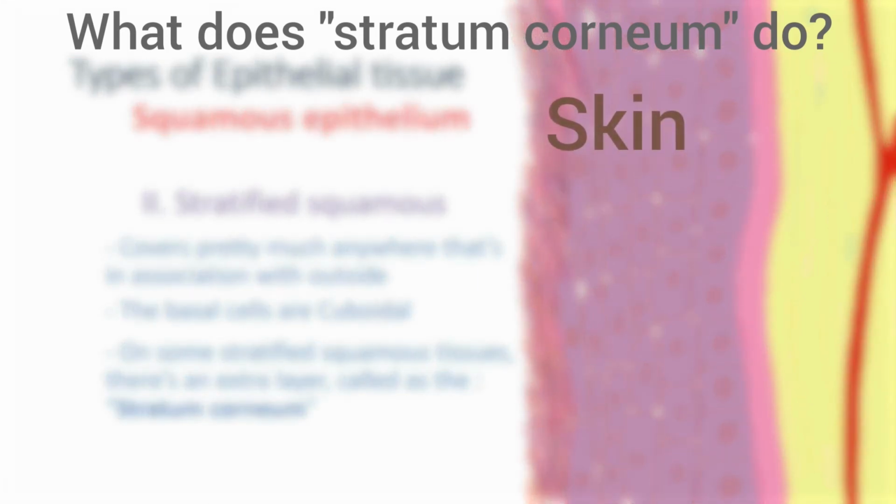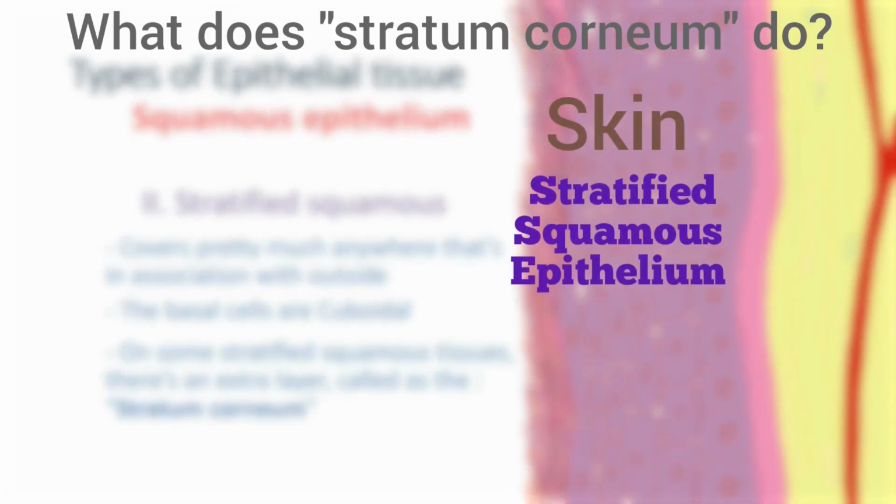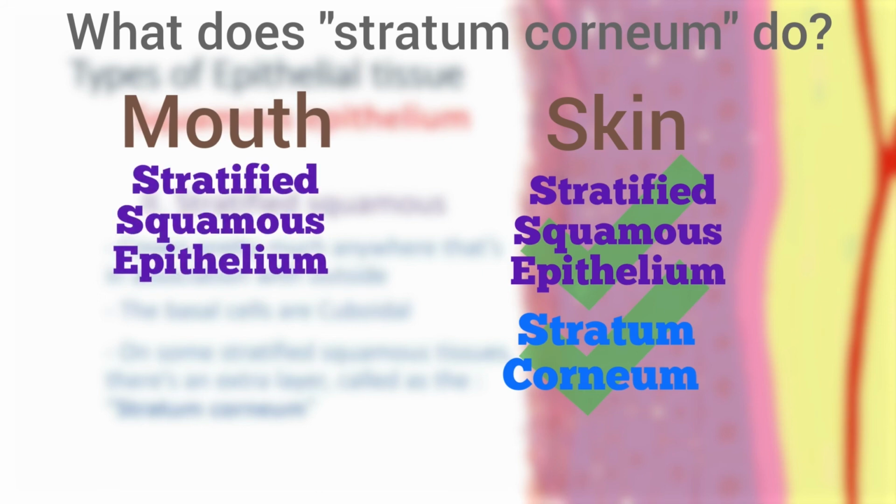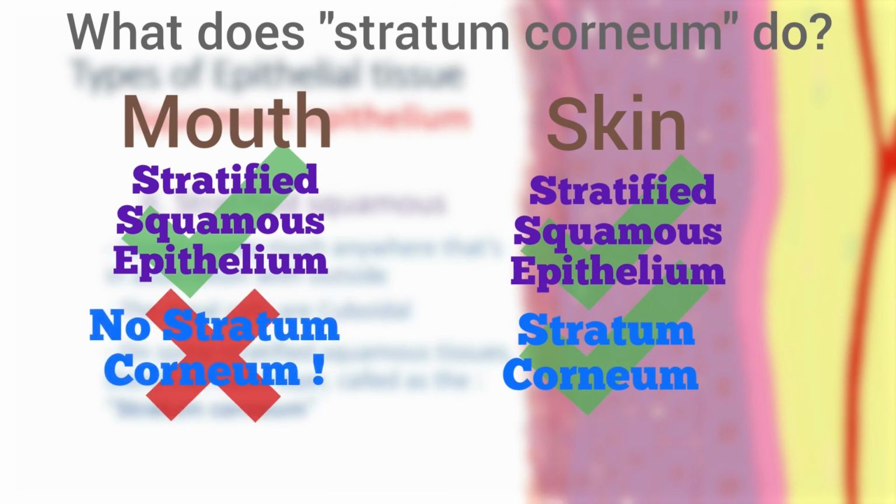The skin has stratified squamous epithelium. The skin also has stratum corneum on it. Now let's see where it's not found. Inside the mouth, there's stratified squamous epithelium also, but this one does not have stratum corneum.